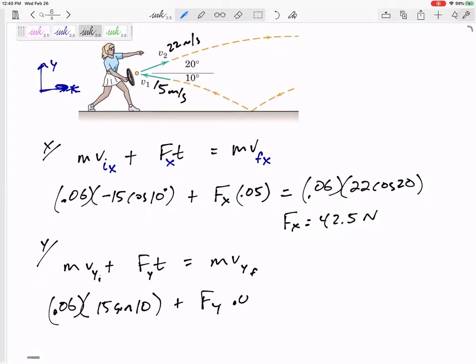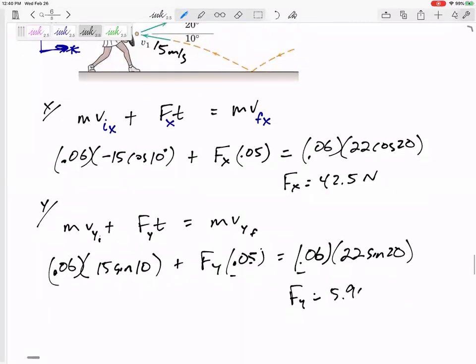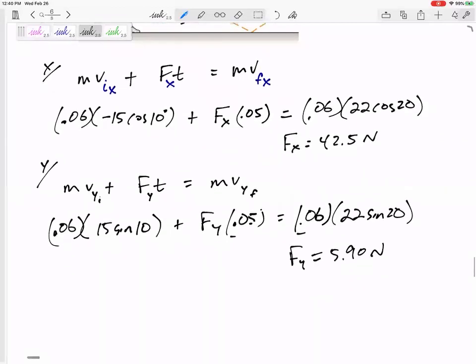Fy, which I'm looking for, times 0.05 equals 0.06, and afterwards it's at 22 sine 20. I can solve for Fy, 5.90 newtons. So the force is 42.5 in the X and 5.9 in the Y.